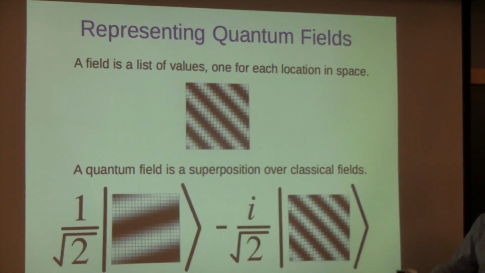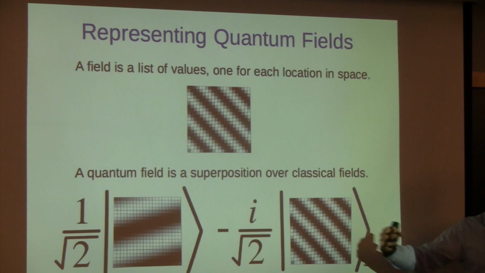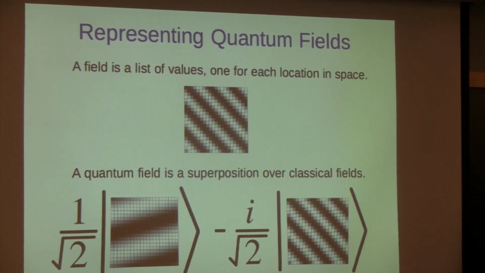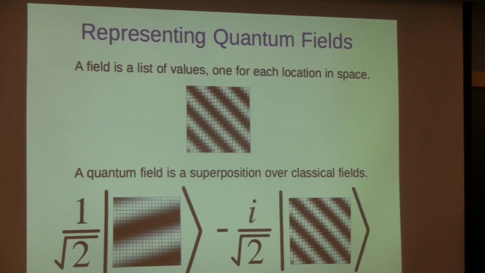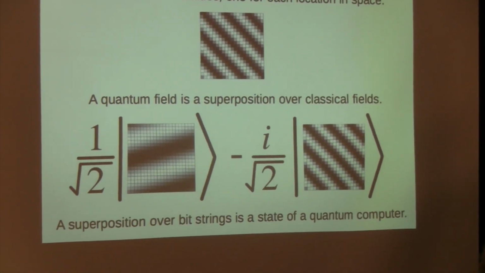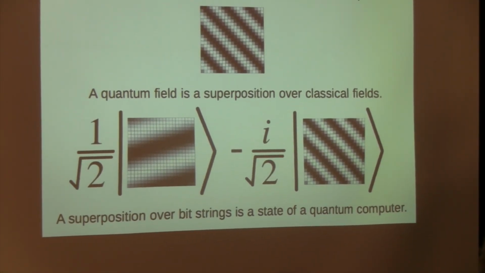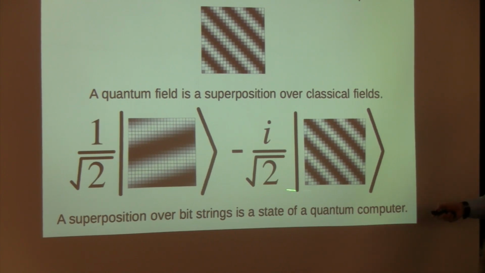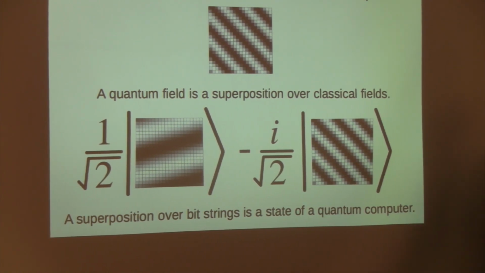So now the configuration of a classical field is just a long string of bits. And of course, a quantum field is some arbitrary superposition over different classical field configurations. Correspondingly, our representation on a quantum computer will be superpositions of those corresponding bit strings. And superpositions of bit strings is exactly a state of quantum memory, a set of qubits.